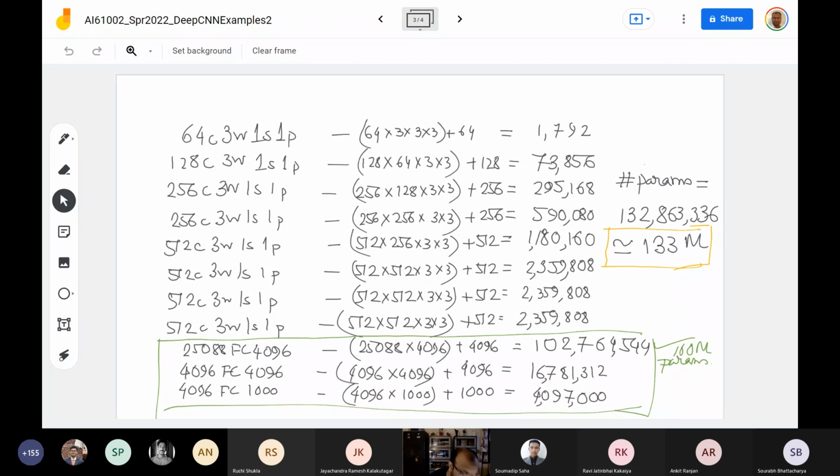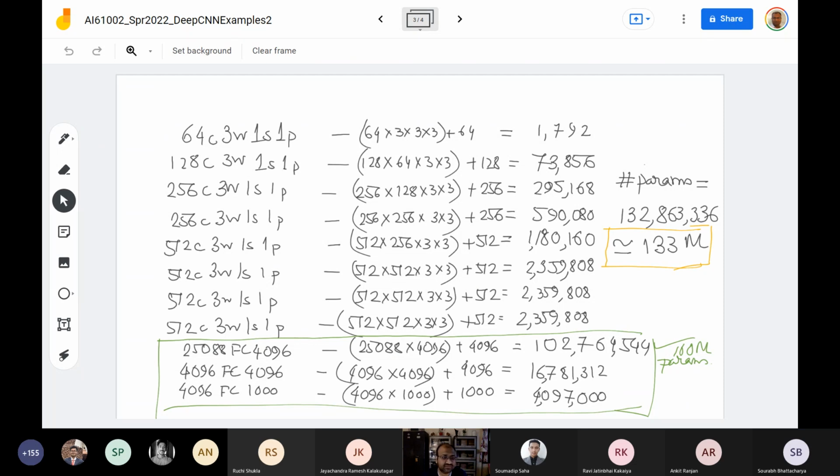So the next one, which is popular, is VGG B or VGG 13. They just kept on proposing VGG C or VGG 16, and then came VGG 19.